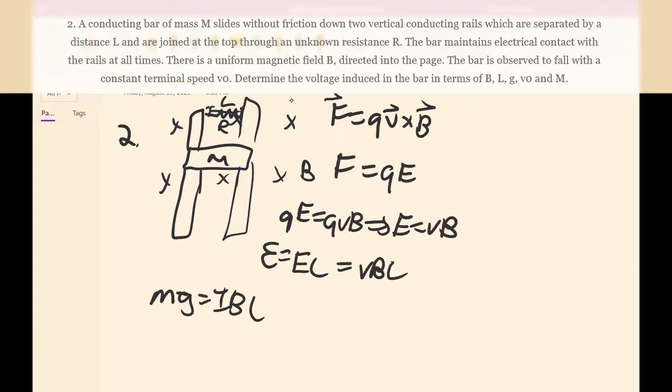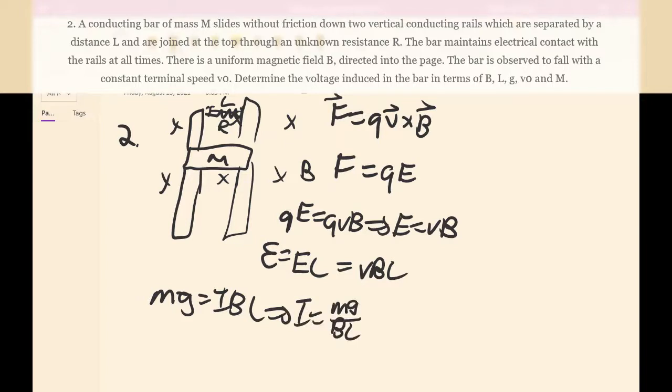So these two forces have to cancel out in order to create terminal velocity v0 without any acceleration. Also, you should probably remember that this force is equal to IBL, and you can try to derive it on your own. This gives us that I is equal to mg over BL.